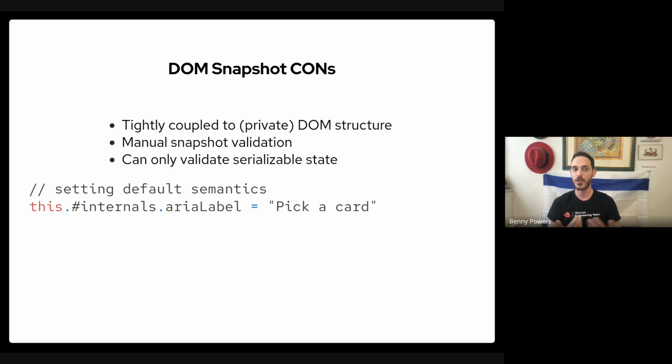And those properties won't necessarily be reflected to the DOM. So what that means is if I set this ARIA label property on the element's internals object, it might not actually make a difference to the DOM structure, right? And if I'm relying on my DOM snapshot to expose changes to the state of the element, I won't get that in my snapshot.